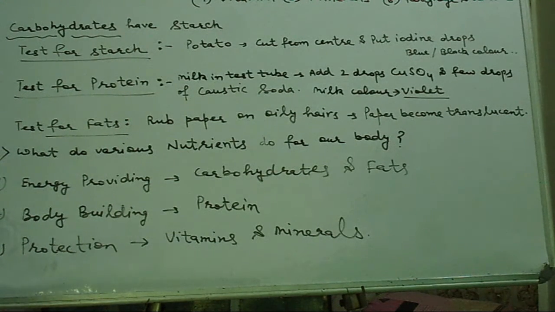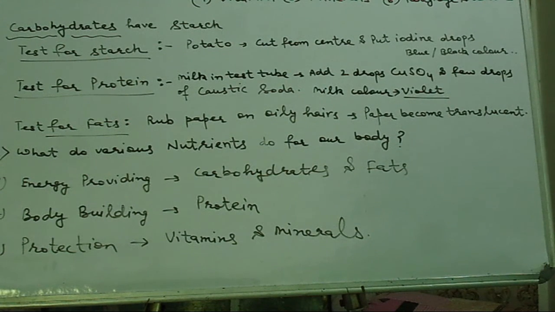Similarly, so many animal products are also a good source of protein. If you know about meat, meat contains so much protein. Milk contains protein, eggs contain protein, cheese contains protein. Similarly, seafood like fish also contains a majority of protein.